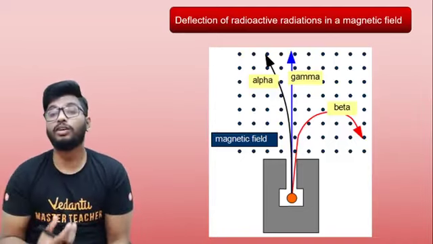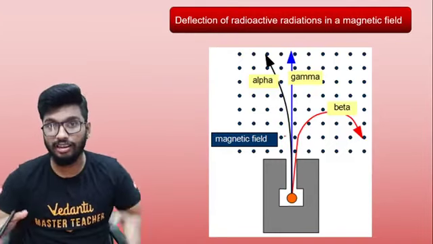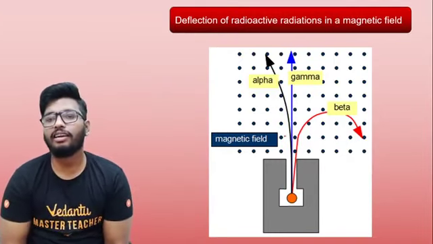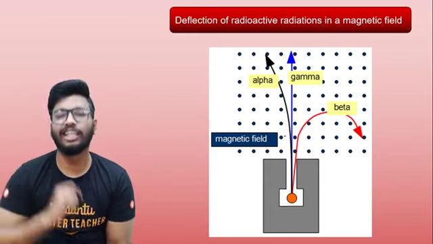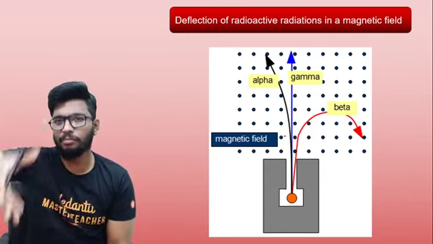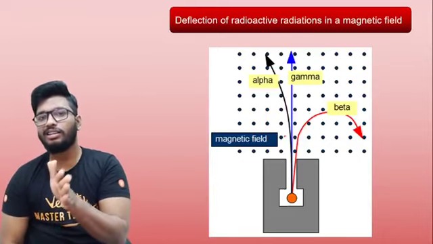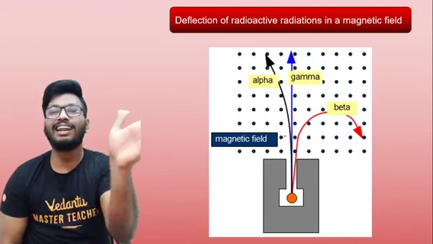Now, if I were to take a radioactive substance, put it in a lead box and place it in a magnetic field, the radiation that is coming out, the alpha, beta and gamma particles, will behave differently. The alpha particles will deflect towards the left.